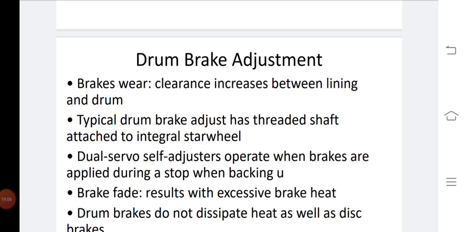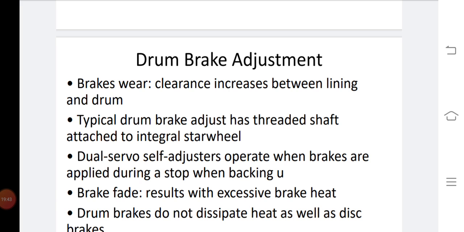You have to maintain a proper clearance, which increases between the lining and the drum, and a typical drum brake adjuster has a threaded shaft attached to an integral part of the drum brake. The dual servo self adjuster operates when brakes are applied during a stop when backing up, and brake fade is the result of excessive braking heat.